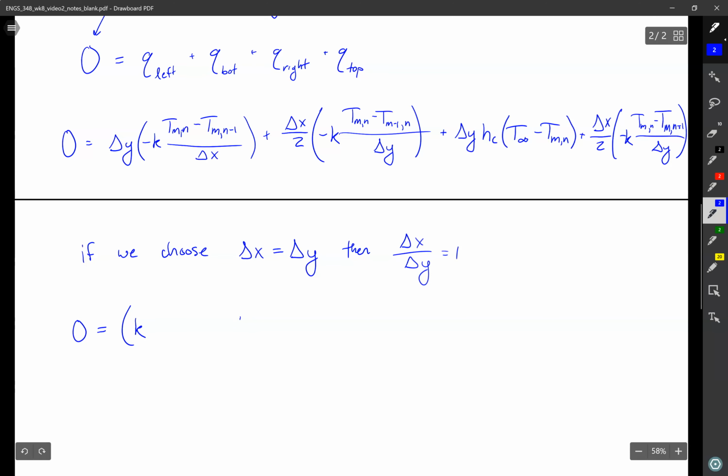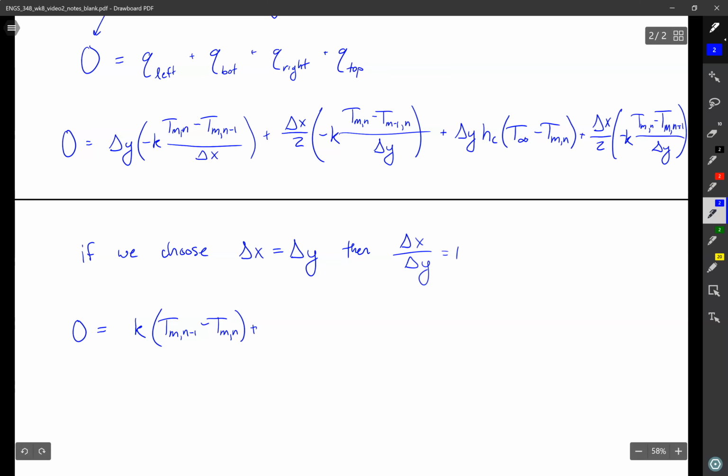Sorry, I should get my parentheses right. k times (T_m,n-1 minus T_mn). So I flipped that difference because of the negative that was on k. I got rid of the negative so I have a little bit easier time with it, but then I flipped my difference.